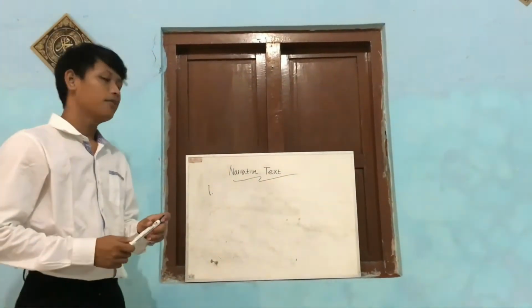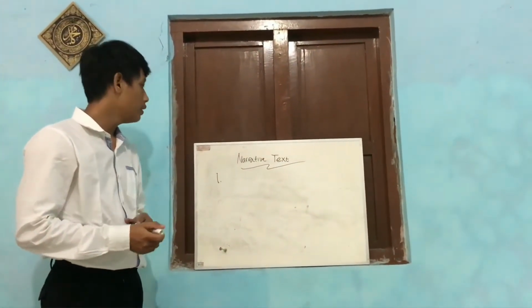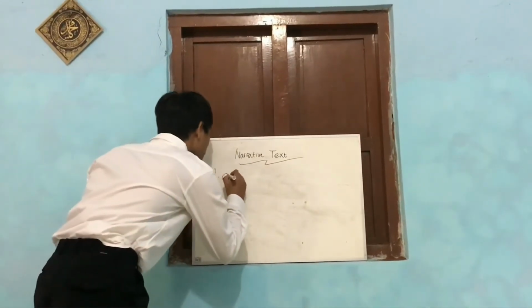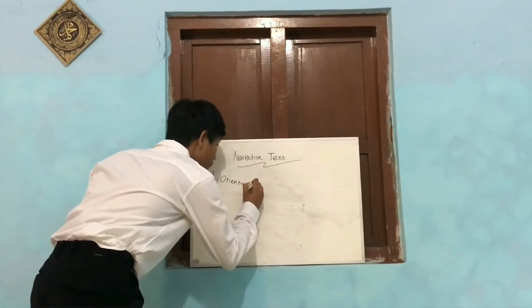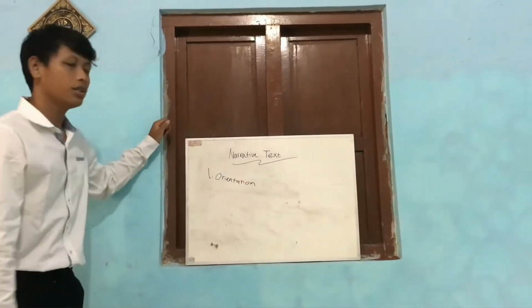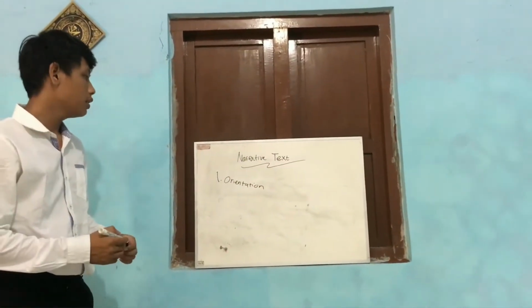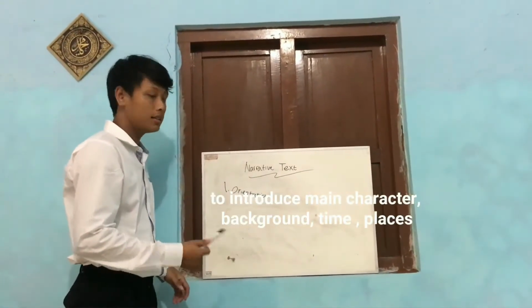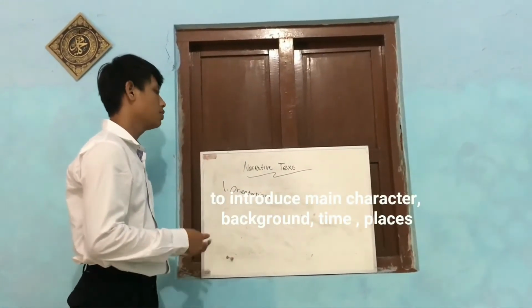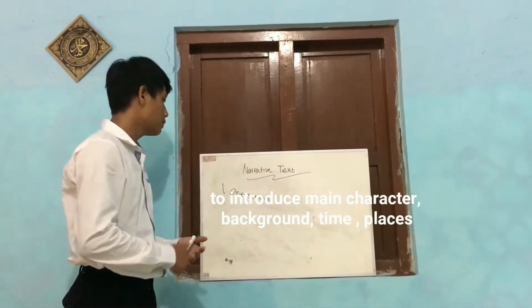In the narrative text, we have three general structures, and the first is orientation. This section is to introduce the main character and the background of the story, the time and the place.